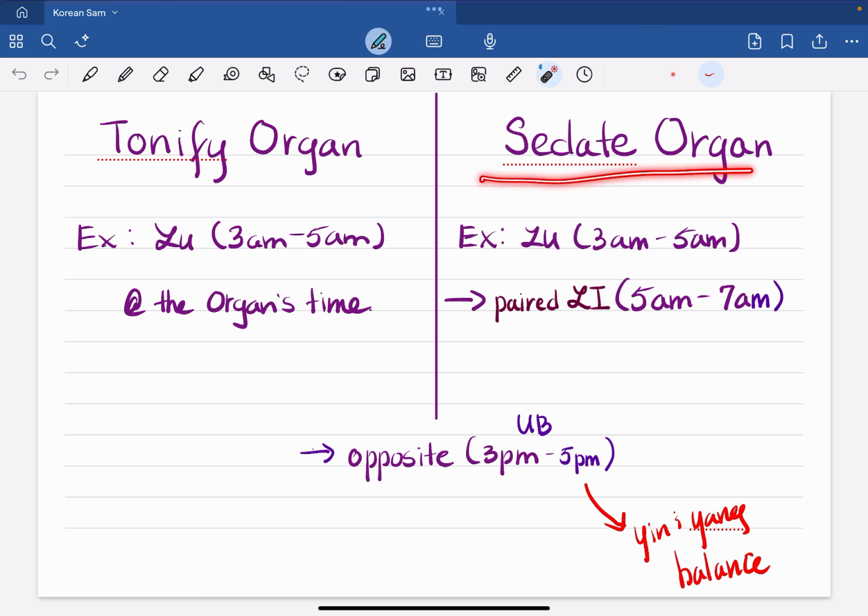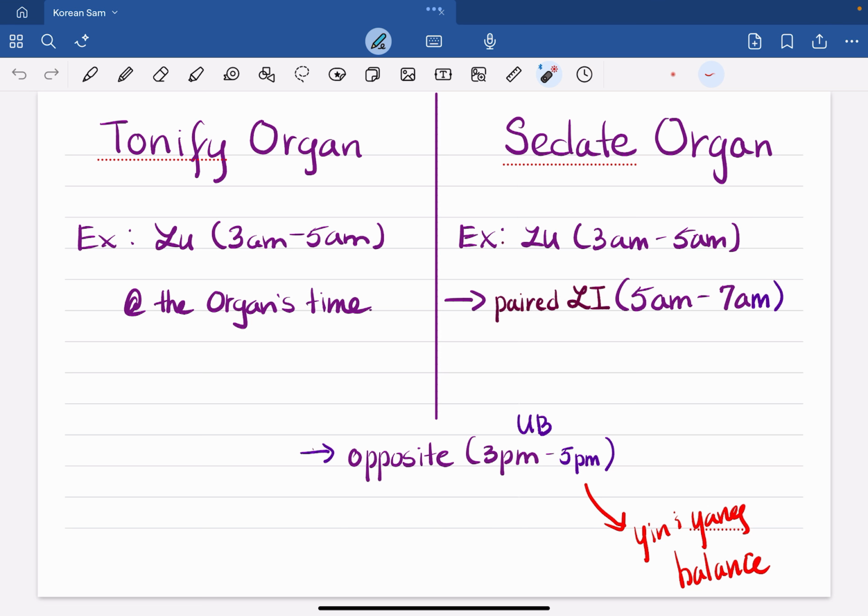Now for sedating the organ, this probably means that the organ is in excess, most likely. So that's why you would sedate the organ. How do you sedate the organ? I think of it as splitting to carry it on to the next channel, to the paired channel. That's how I see it.